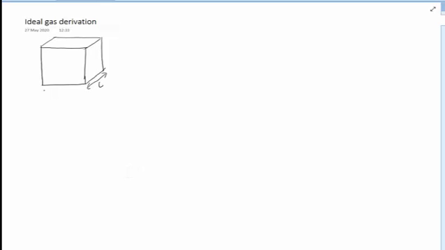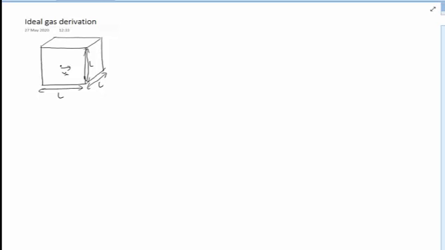So we've got dimensions of L, L and L because it's a cube. Inside our box is a particle, and we're just going to consider its velocity in one direction to begin with because it makes our lives easier. So we're going to say it's got a velocity of Vx. That's its velocity in the x direction. It would also have a velocity in the y and z direction, which we could call Vy and Vz, and we'll come to those later.